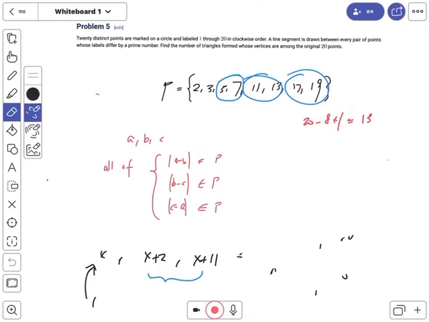So we change this to x plus 11, then how many cases do we have?